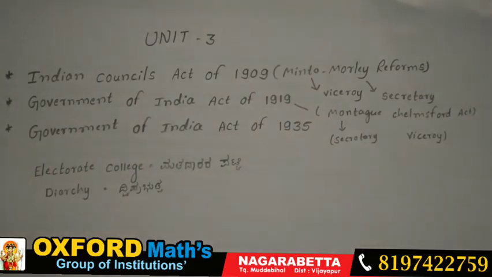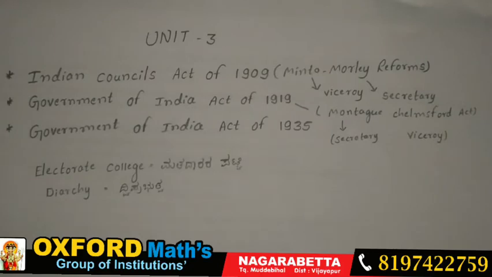Making a census of how many Muslims and how many Hindus there were, and on the basis of their representation, they started to conduct the election. In this way the Indian Councils Act was implemented in 1909. This is the clear understanding we get: the British especially made the Minto-Morley reforms to make India follow a divide and rule policy.